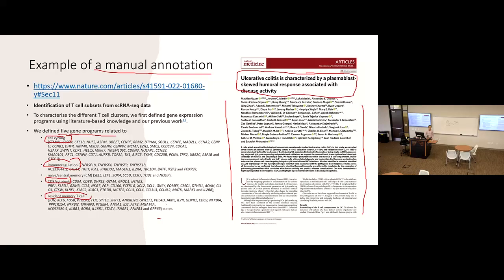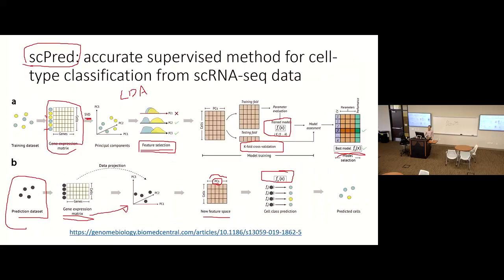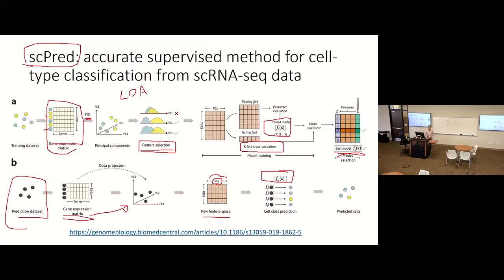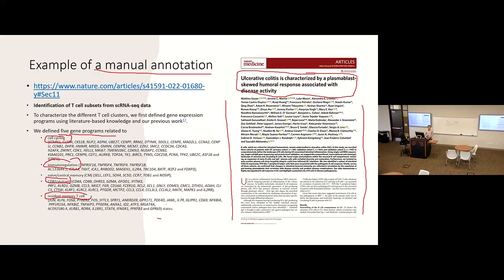In real applications, you may not rely on any of these trained models or methods. You can just use marker genes, check clusters one by one, assign them, and label the cells using your knowledge.